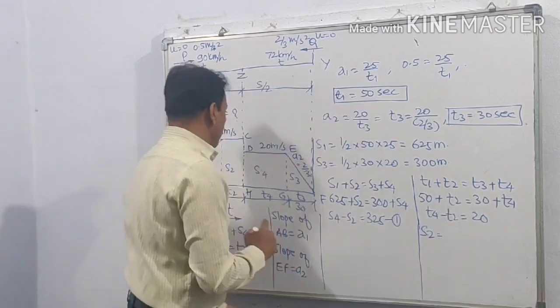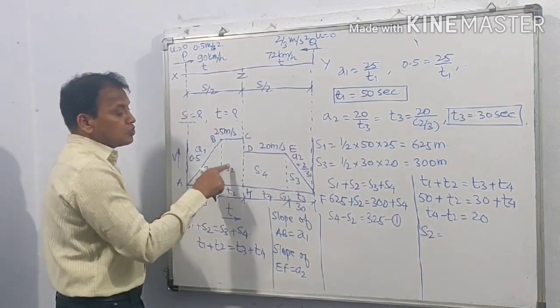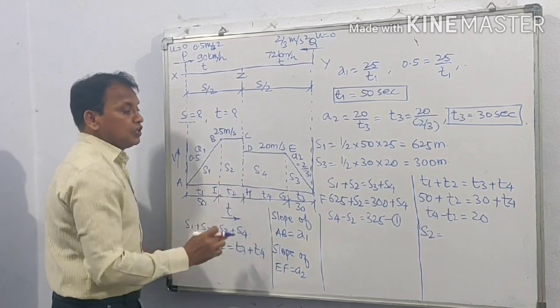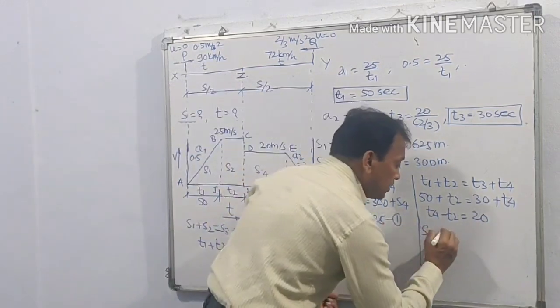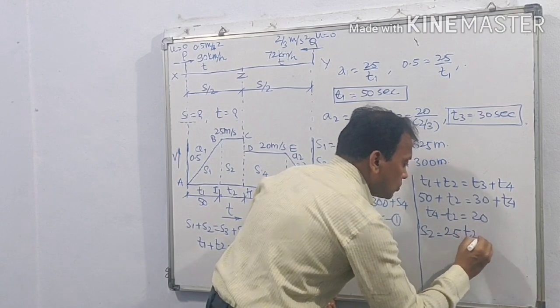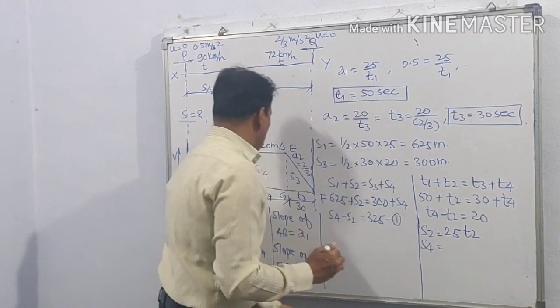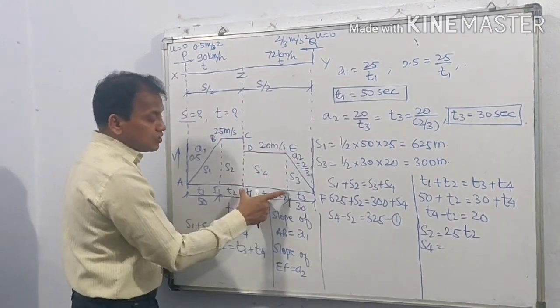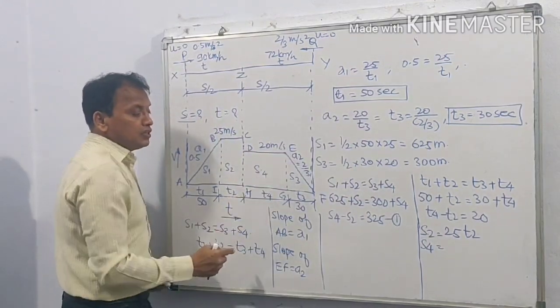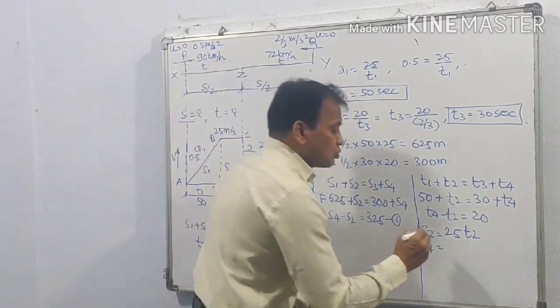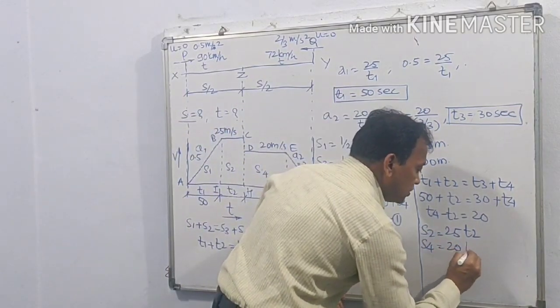S2 is the area of this rectangle, that is T2 into 25. S2 is equal to 25 T2, and S4 is again a rectangle, this is T4 and this is 20. S4 is equal to 20 T4.